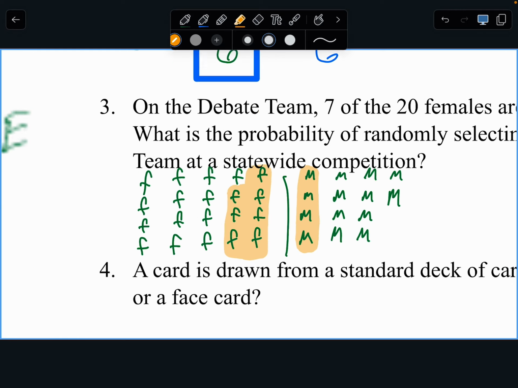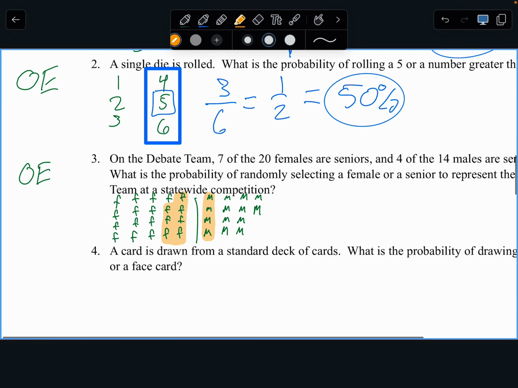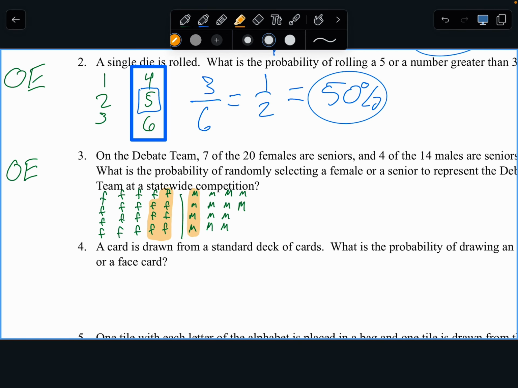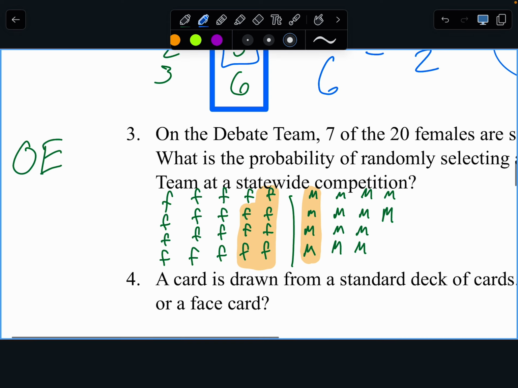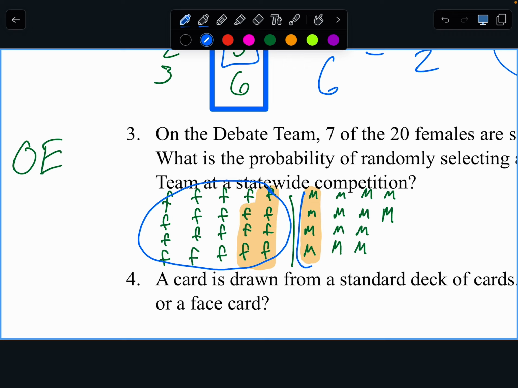The question asks us to find the probability of selecting a female or a senior. I know that all of the females count. I also know that the seniors count. So whether they're male or female, the seniors count. So I'll draw a big blue box around everyone who counts for the situation.